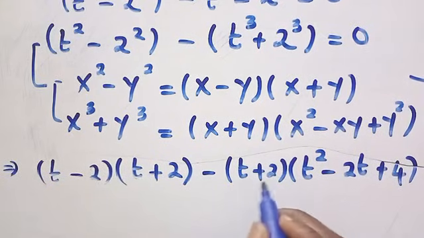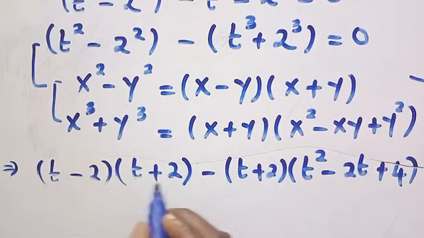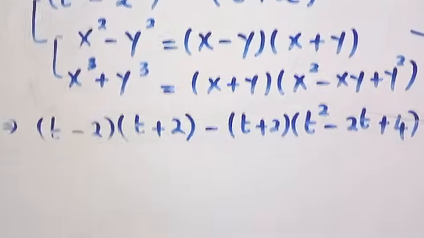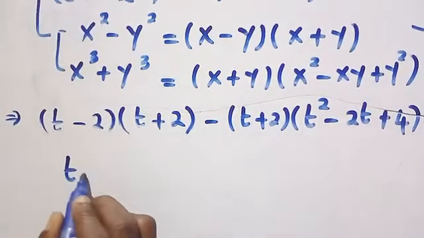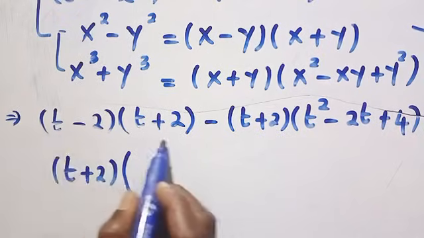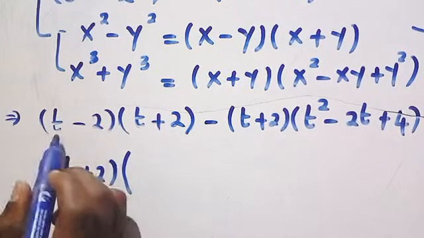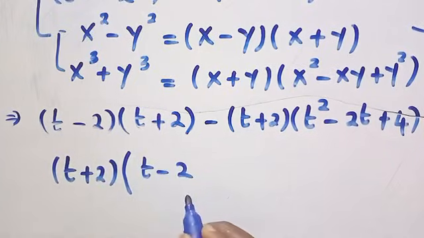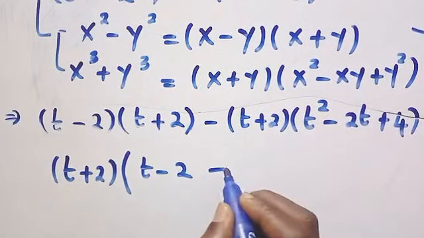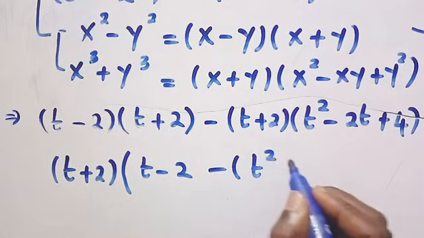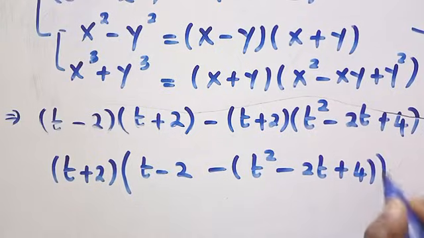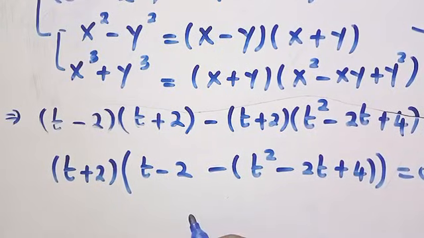So here we have t plus 2, and this is also t plus 2. We factor out t plus 2 from these two, as we have t plus 2, then open bracket. When we divide this by t plus 2, we have t minus 2. And also when we divide this by t plus 2, we have minus open bracket t squared minus 2t plus 4 equals 0.